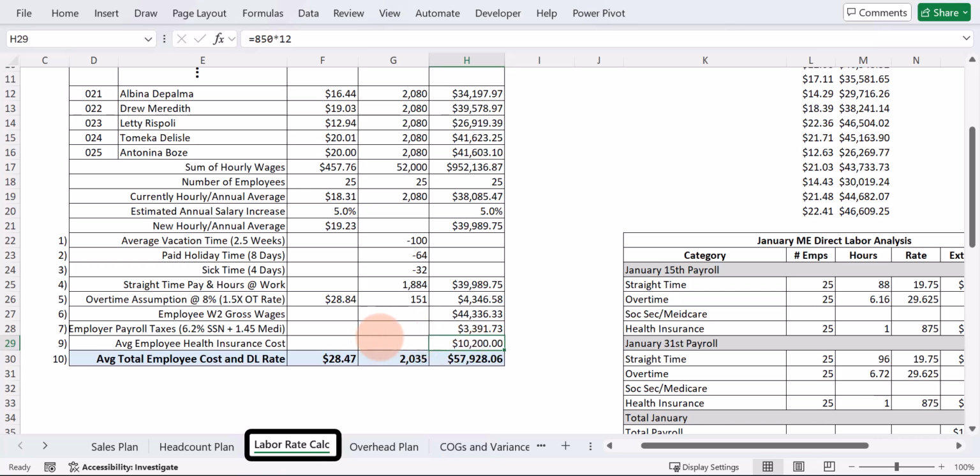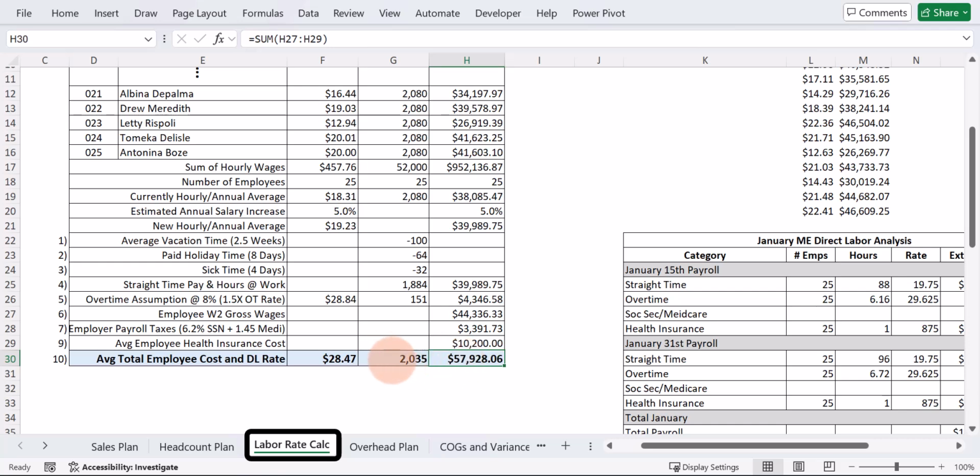But if you want a rate that fully absorbs all their related payroll expenses, this is how you do it. So we take the $44,336 and add in these two estimates for their payroll taxes and health insurance. So the average employee is going to cost us a little under $58,000 for the year.